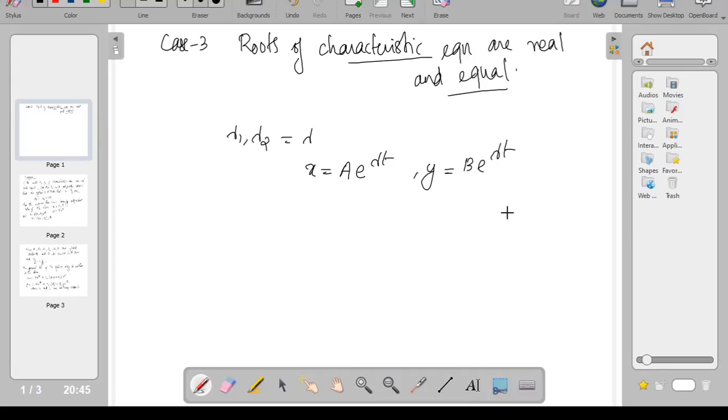In an ODE with repeated roots you multiply with x in that case. So when we take the solution, e raised to x and x e raised to x. So here we can think of a solution of the form x equal to at e raised to lambda t and y equal to bt e raised to lambda t.